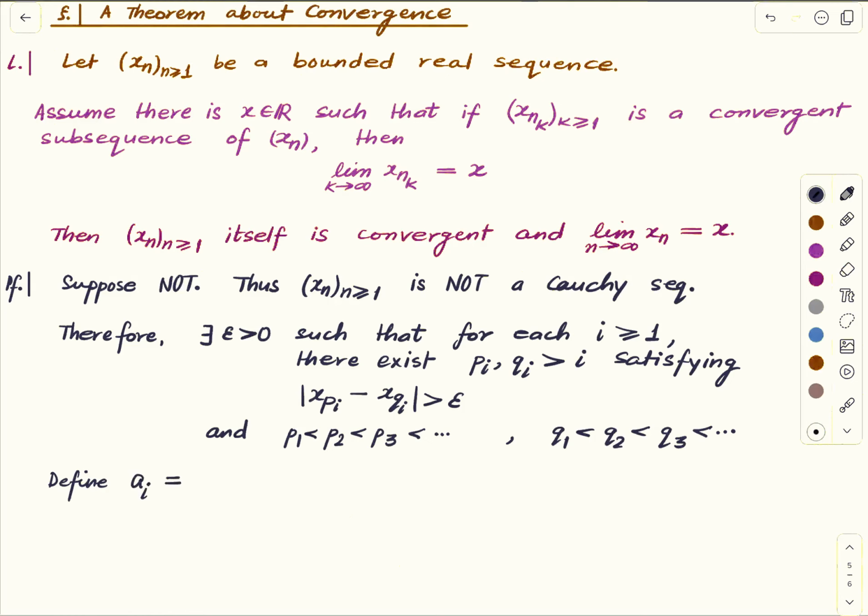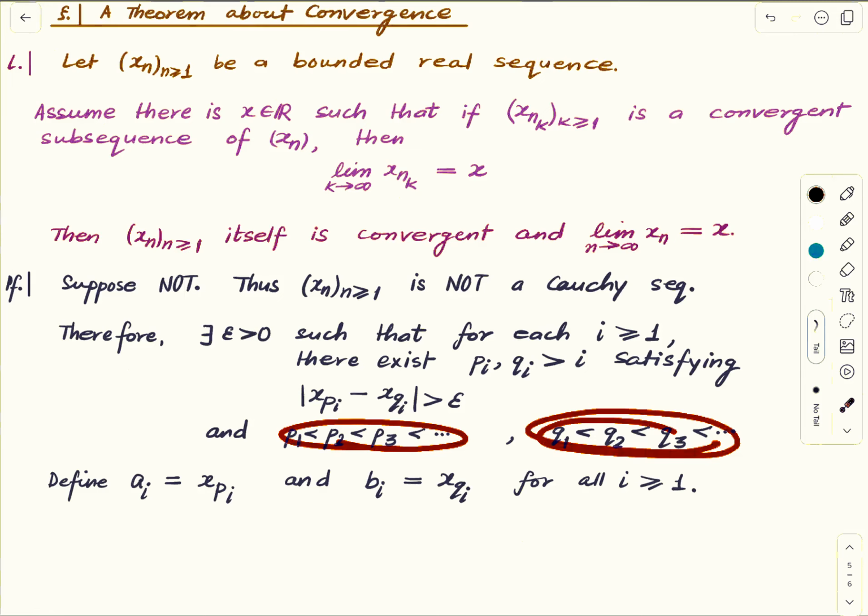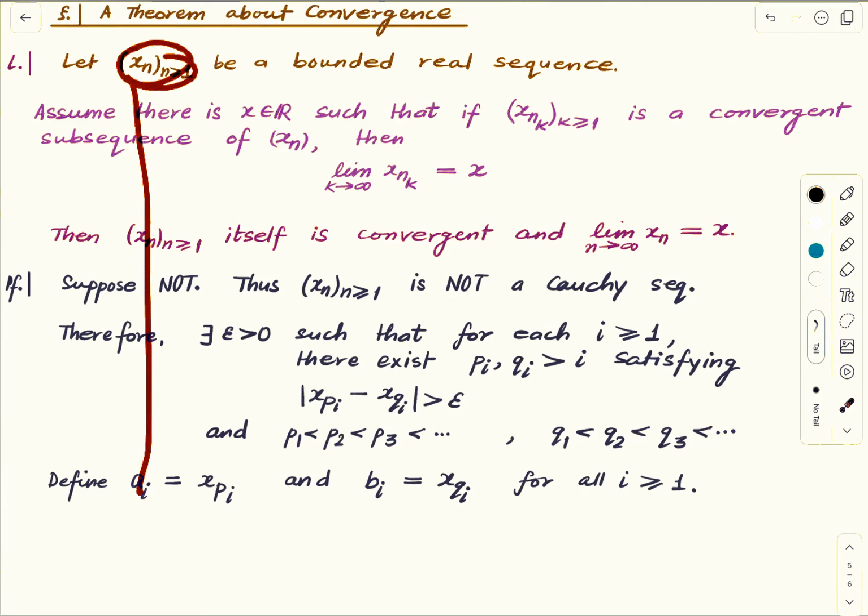Define a_i as x_{p_i} and b_i as x_{q_i} for all i. So what have we done? Because of this condition, or this fact, a1, a2, a3 ... is a subsequence of the original one, and same for this. Both of them are subsequences of the original thing.